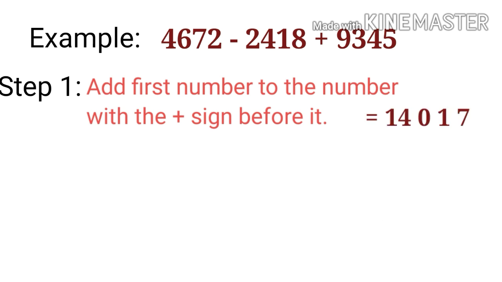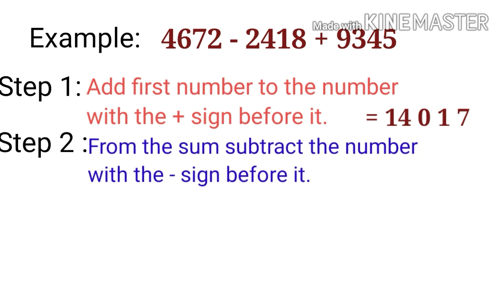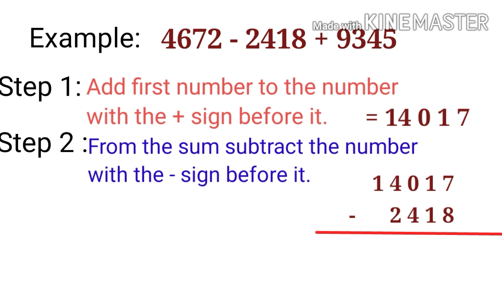Next we can move to the next step, that is from this sum subtract the number with the minus sign before it. So 14,017 minus 2,418. So we get the difference as 11,599.